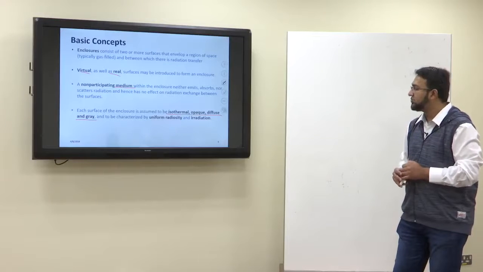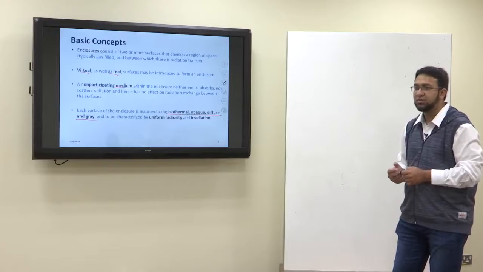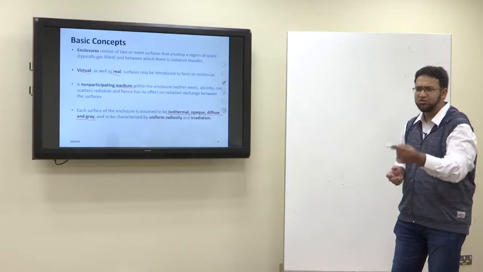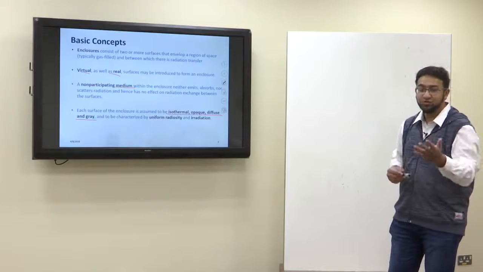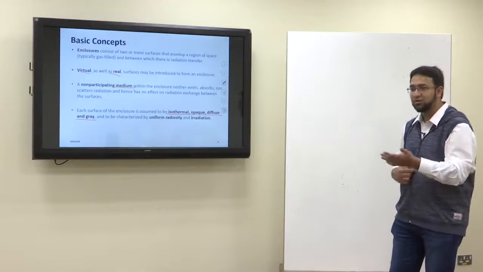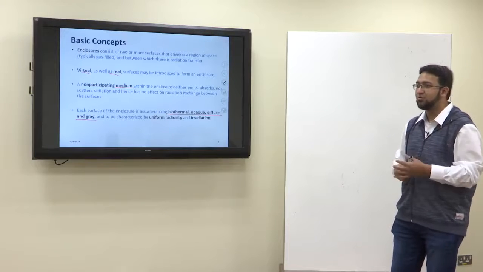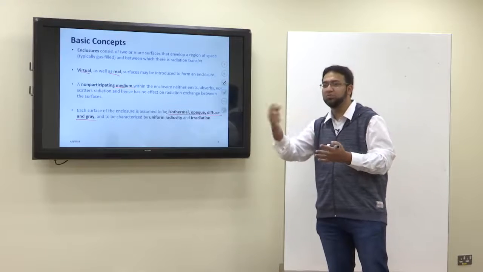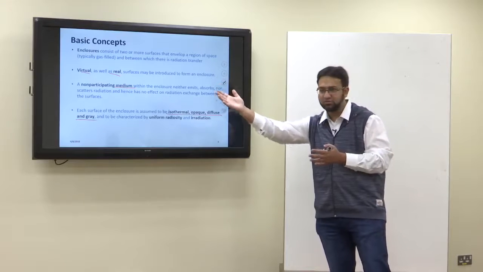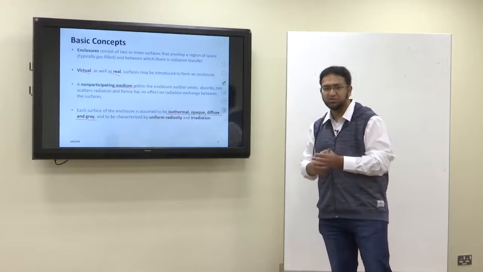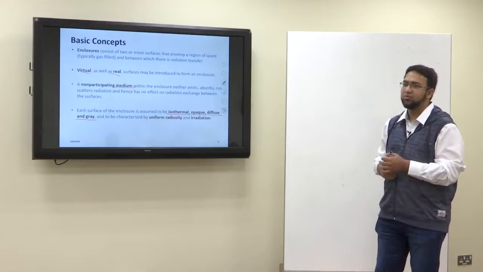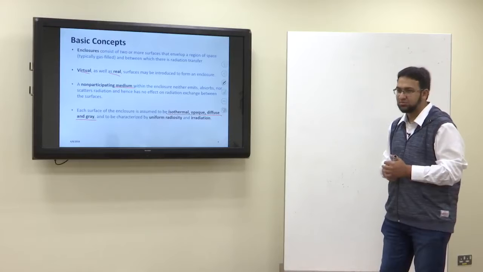So there is a uniform level of radiosity and uniform irradiation. That's Kirchhoff's law. For an object to be isothermal, the amount of incoming radiation should be equal to the amount of outgoing radiation. The amount of incoming radiation is irradiation, and the amount of outgoing radiation is radiosity.